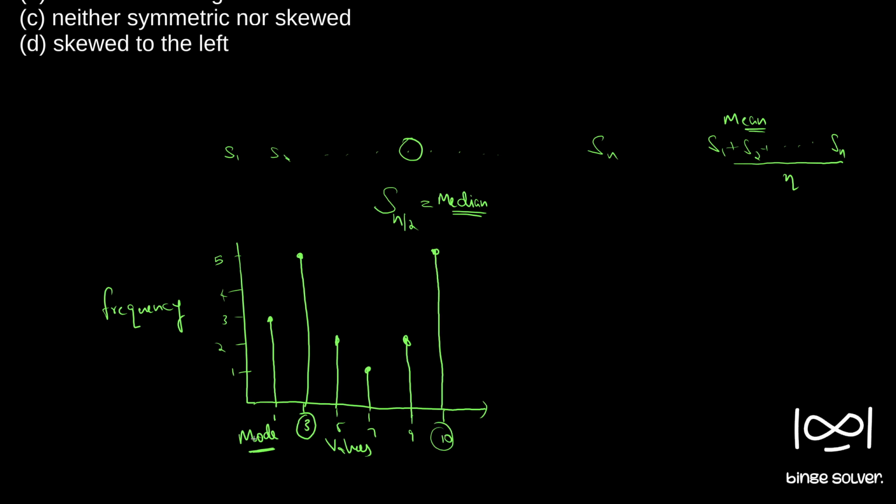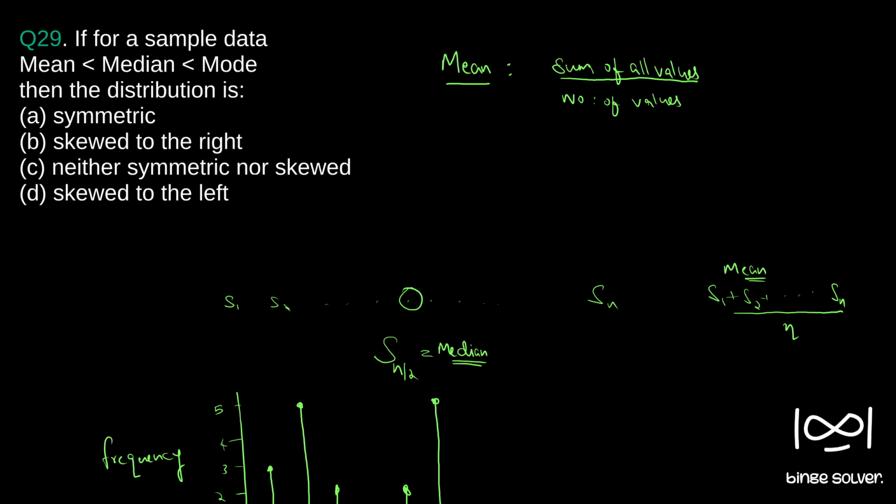So the most appearing number in the list of numbers is the mode. And mean is the sum divided by the total number of numbers, and median is when we arrange the numbers in an ordered manner, the middle number. So this is the concept of mean, median, and mode.